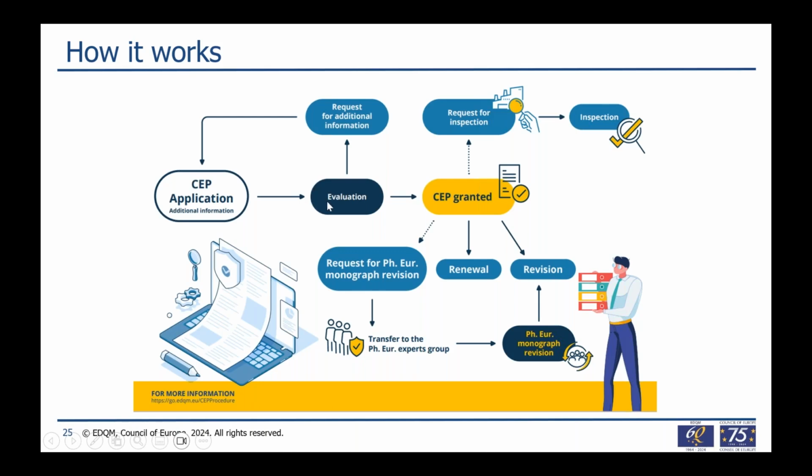Rarely, it can also be found that the dossier is too deficient and the procedure is closed. During the assessment, the assessors can identify a need for a GMP inspection. For example, if there are doubts regarding GMP compliance. And in this instance, the assessors can prepare what we call a report C, which is forwarded to the EDQM inspection team.